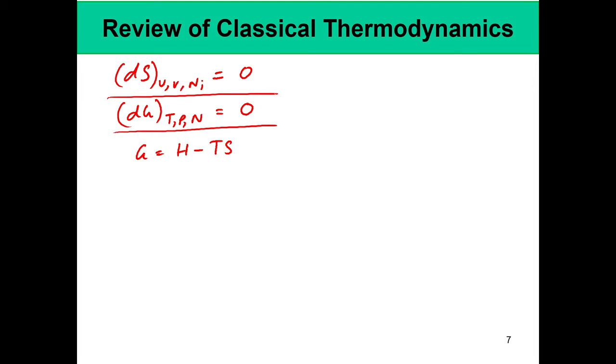If we differentiate, dG is equal to dH minus TdS minus SdT, and that is equal to dU plus PdV, that is if we differentiate H itself, where H is equal to U plus PV.